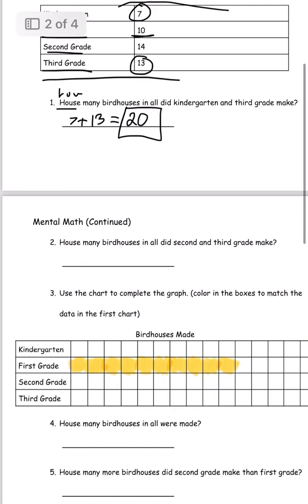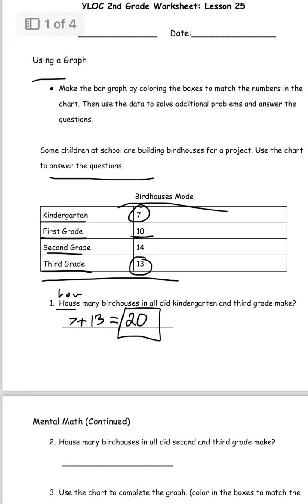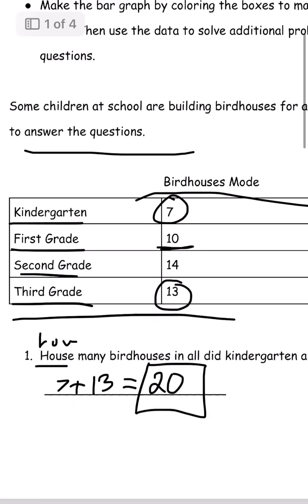Okay, then let's look at the second grade. So we have to color in 14 boxes, right? So 1, 2, 3, 4, 5, 6, 7, 8, 9, 10, 11, 12, 13, and 14.